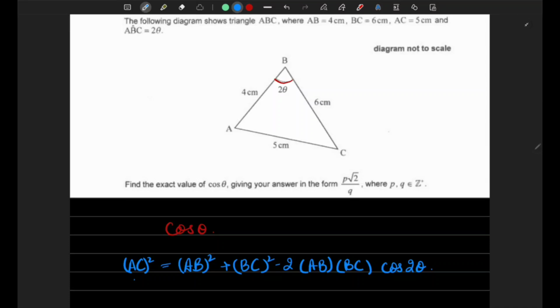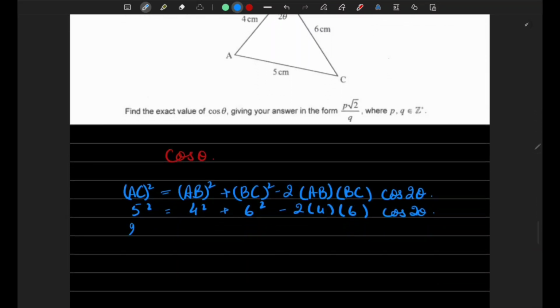Putting the values, AB is 4 squared plus 6 squared minus 2 into 4 into 6 cos 2 theta.